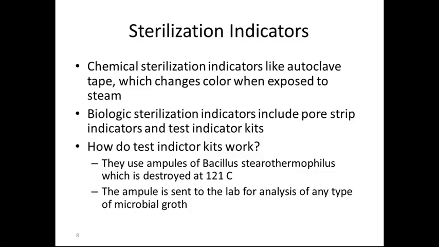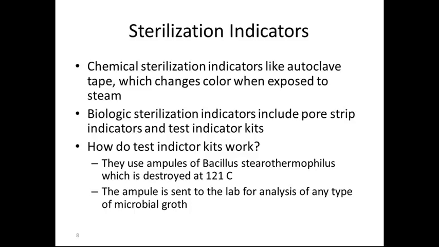Chemical sterilization indicators, like autoclave tape, change color when exposed to steam, and what you will see when it's exposed to steam is black lines throughout the tape. This tape typically looks like white masking tape before the process is done, and then afterwards you will see black lines through it. Biological sterilization indicators include spore strip indicators, and test indicator kits can also be used.